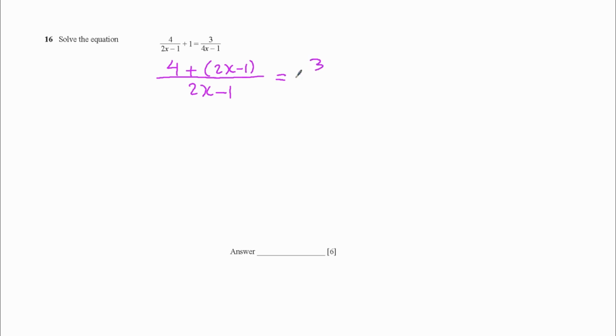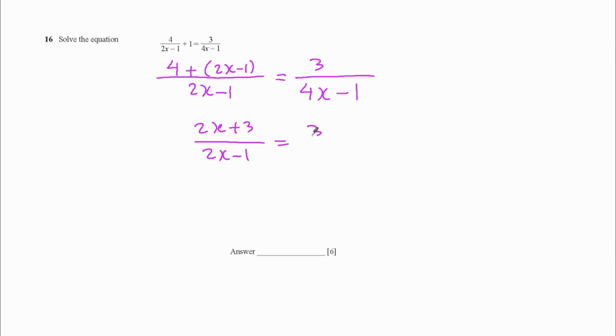If I simplify this in here, that would be 4 plus 2x minus 1. So that would be 2x plus 3 divided by 2x minus 1 equals 3 over 4x minus 1.